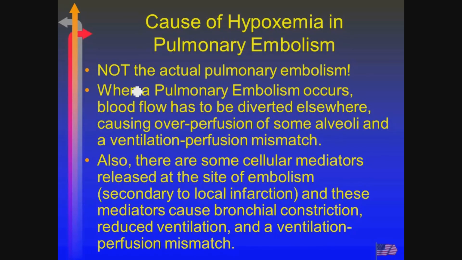Those things that are released are things like histamine and cytokines. They get circulated around to other areas within the lung, and you end up with some localized bronchoconstriction, which reduces ventilation, which leads to a shunt-like effect. So yes, patients with pulmonary embolism do become hypoxemic, but it's all secondary to the embolism. It's not actually because I created dead space. Do you see the distinction there?